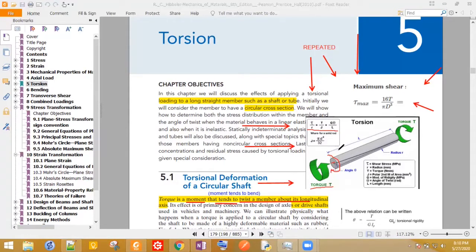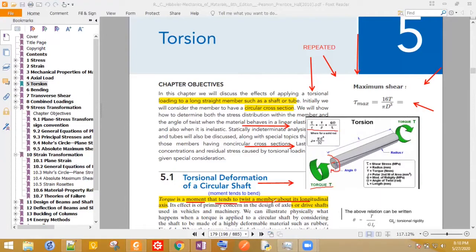So you have the diameter, and this is the formula you need to remember. This is equal to G, which we were discussing, shear modulus. And theta is the angle of twist, and L is the length of the cylindrical rod.